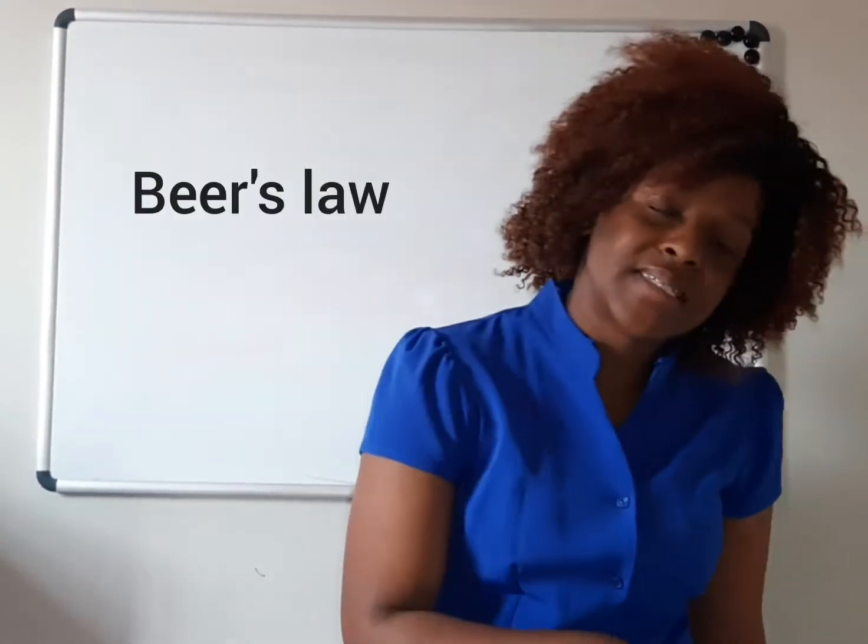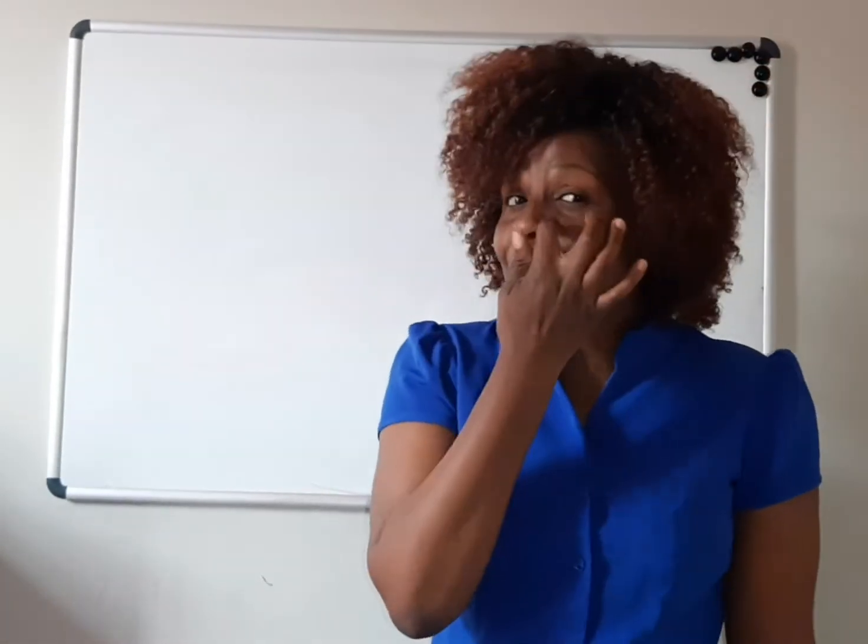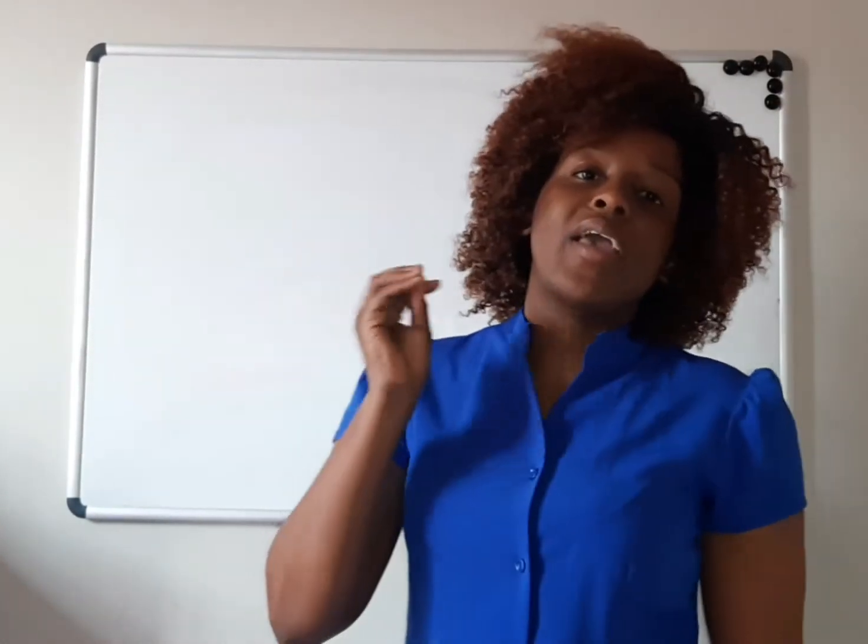So today we are going to talk about Beer's law, which is the law that the spectrophotometric or colorimetric principle usually uses for us to be able to get a result of a patient. So what does Beer's law say?